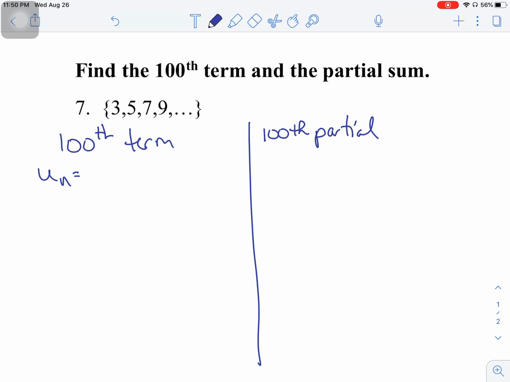U sub n is equal to, well, I know I can do this one, but let's see. 3 to 5, 5 to 7, that's adding 2 each time. It's 100% arithmetic. So let's do the 100th term minus 1 times 2. Whip that all into a calculator, and you should get the 100th term to be 201.